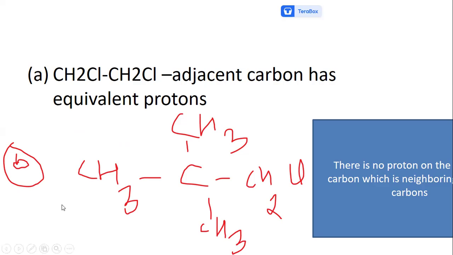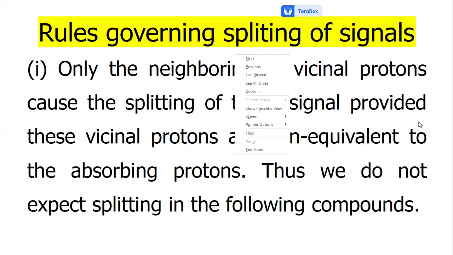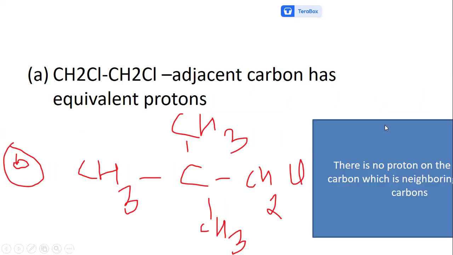See, the methyl groups have a neighboring carbon, but this neighboring carbon has no proton. And this methylene carbon with chlorine has a neighboring carbon, and that carbon has no proton.